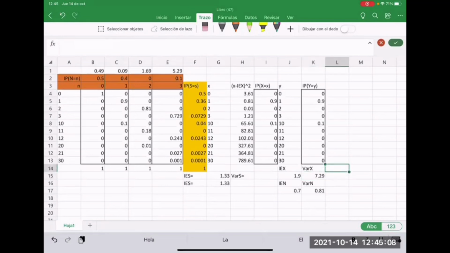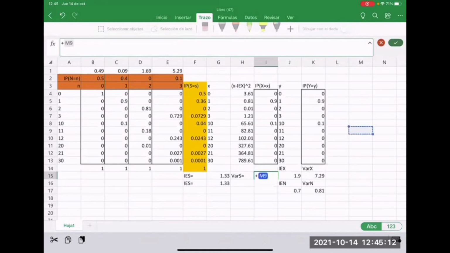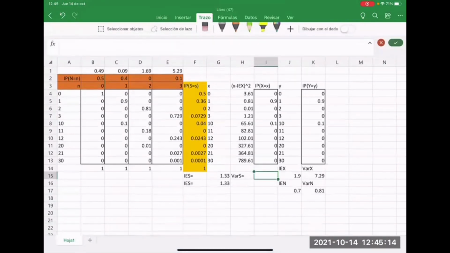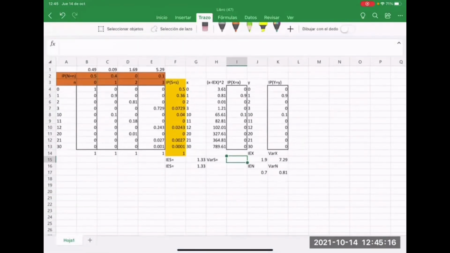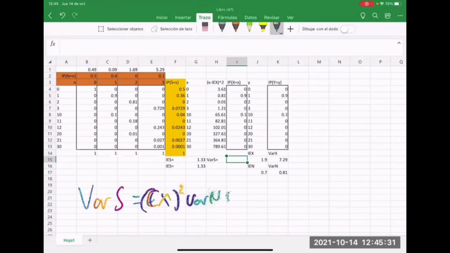So the variance of S equals, according to the formula which we learned in the last part of this course, the expectation of X squared times the variance of N plus the expectation of N times the variance of X. So we just need to type in this formula.